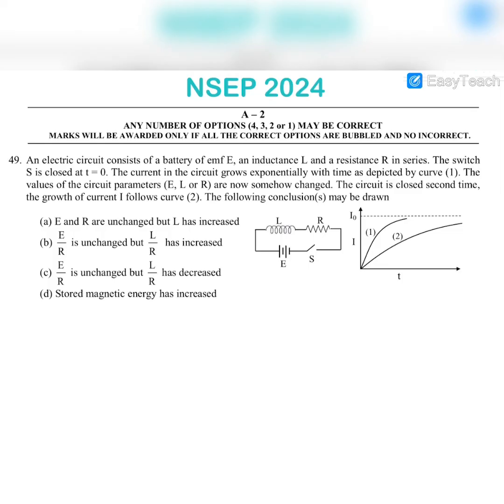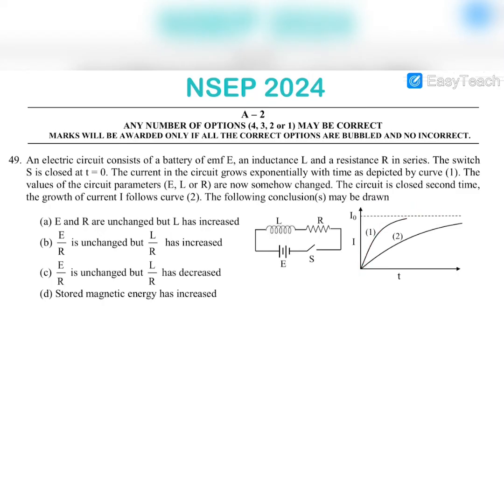In this question, you can see that there is an electrical circuit that contains L, R and E. Now this switch is closed at t equal to 0, and the current in the circuit is growing exponentially with time as depicted by this curve 1.